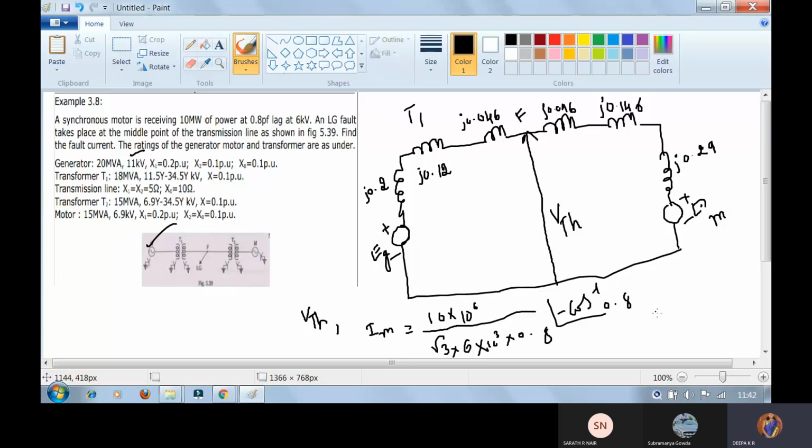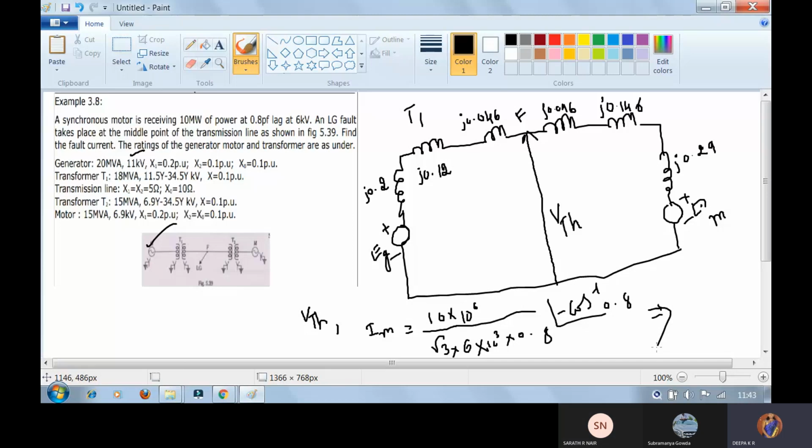Can you please do the simplification of this? 10 into 10 to the power of 6 divided by root 3 into 6 into 10 to the power of 3 into 0.8, how much? Can you tell me the motor drawn current here? Cos inverse of 0.8 is how much? Do it fast. 36.86.